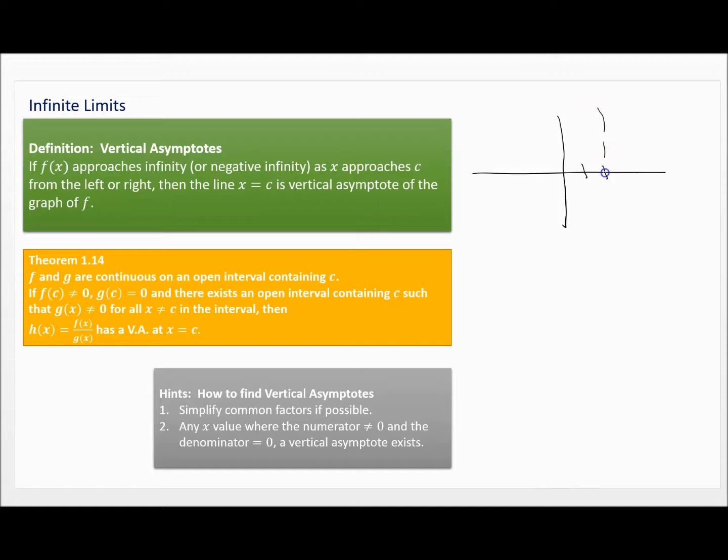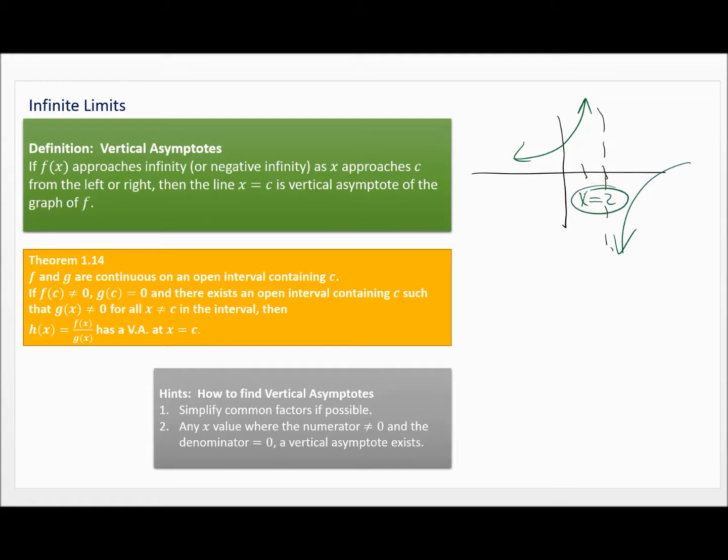If you have a rational function at a place where the denominator is equal to 0 after it's been simplified, you have a vertical asymptote. So right here we have a vertical asymptote. They could both go up to plus infinity, one could go down, one could go up, they could both go down, it doesn't matter. That's a vertical asymptote, and in this case, that would be at x equals 2.